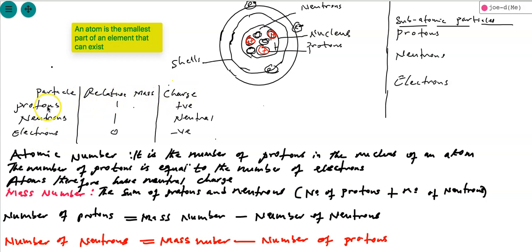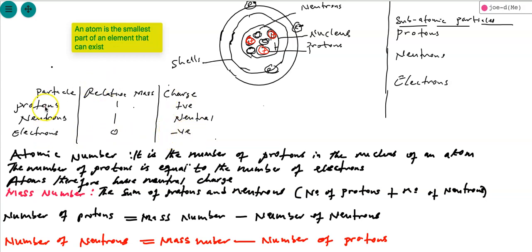Protons have a relative mass of 1, and the charge of a proton is positive. Neutrons have a relative mass of 1, and neutrons are neutral. They don't have any charge. And electrons have a mass of 0, and electrons are negatively charged.